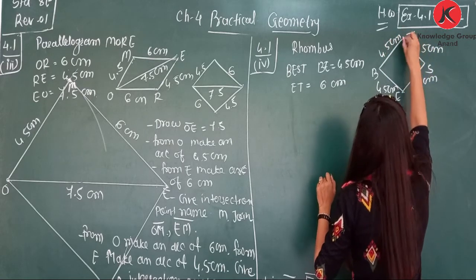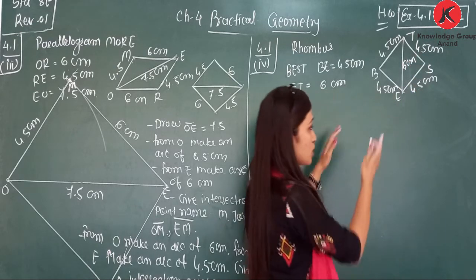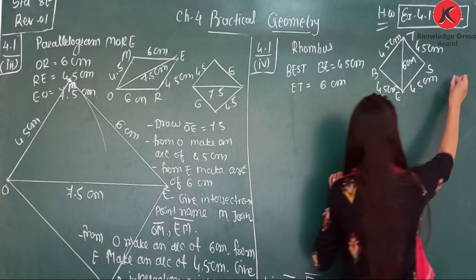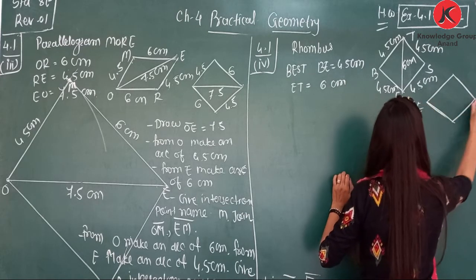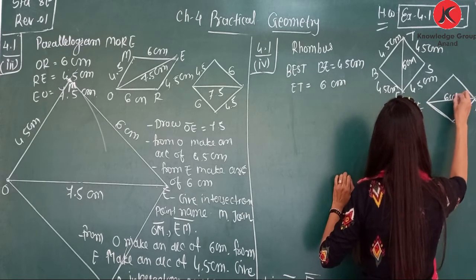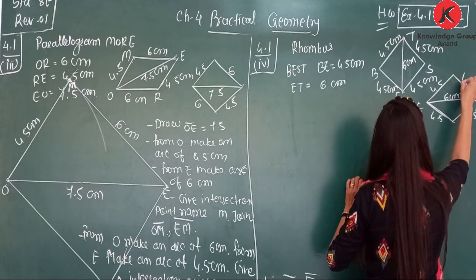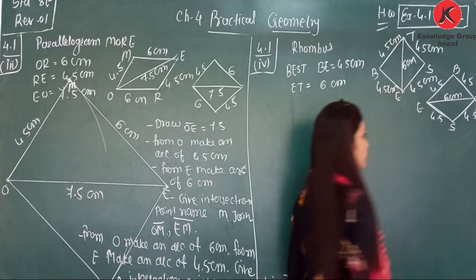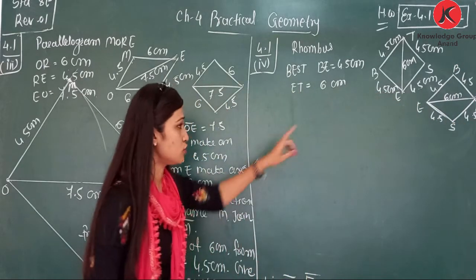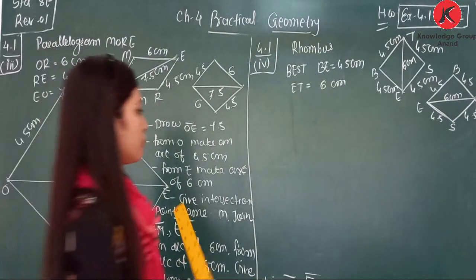ET is 6 centimeter. So this diagonal is given 6 centimeter. So we can rotate this, so we get ET as a horizontal. So we need to draw ET of 6 centimeter.